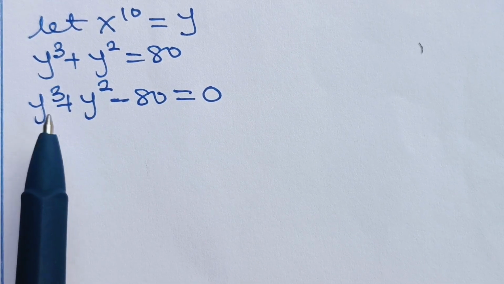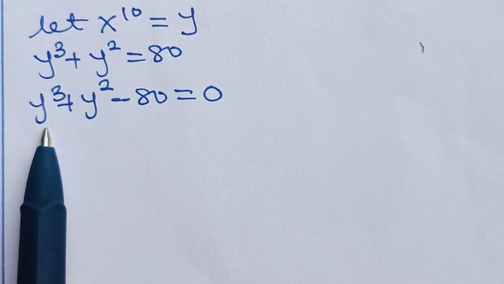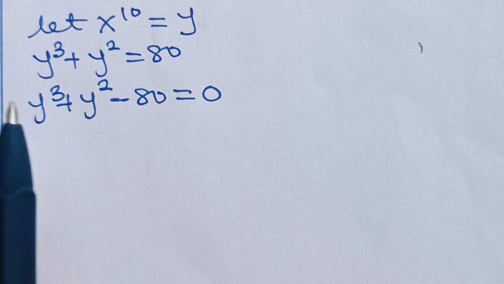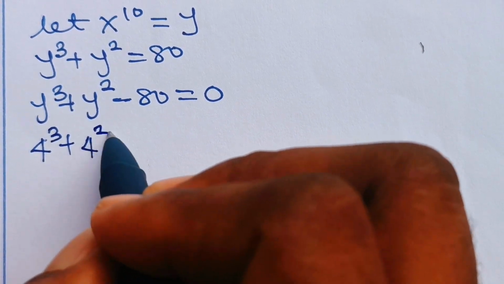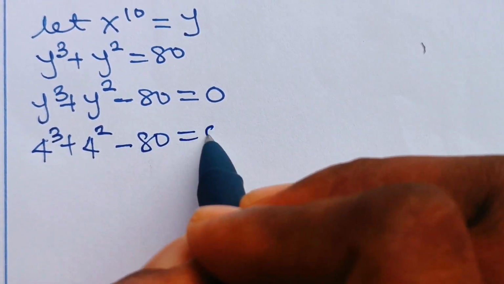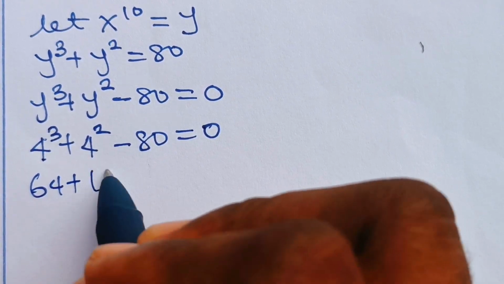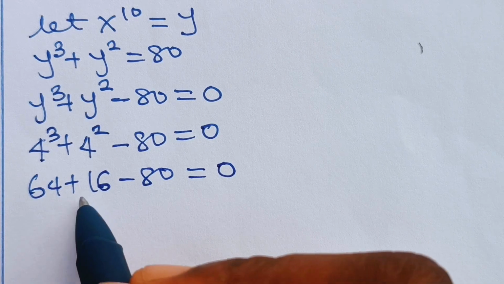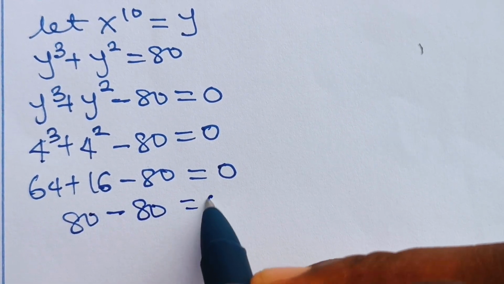Now the process is that I'm going to, by trial and error, find the first value of my y. Now from my trial and error, the first value of my y should be 4. Yes, because 4 to the power of 3 plus 4 squared minus 80 is equal to 0. 4 to the power of 3 is 64, and 4 squared is 16. Now 64 plus 16 is 80, and 80 minus 80 is equal to 0.